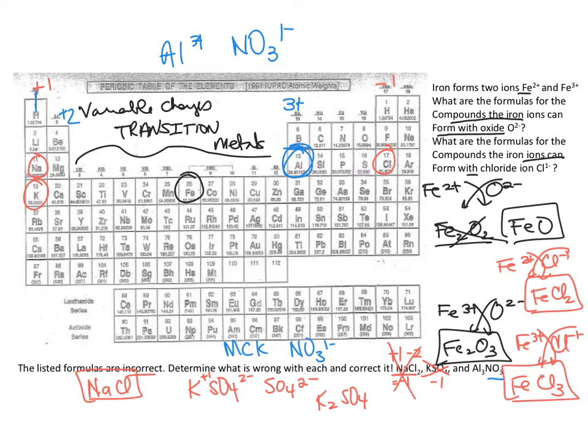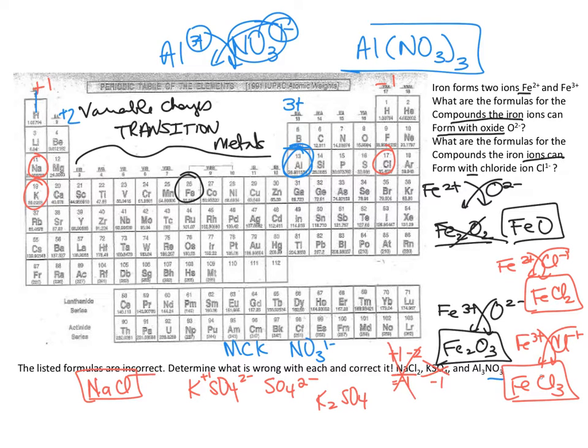And if you were to form this compound, it should be Al. We need more, we need 3 of these. So we have to have parentheses, NO3, and there are 3 of them. So with a 3 plus, and then 3 times a -1 is a -3, that sums to 0. Here we have 3 times +3 is a +9, and a -1. This sums to a +8, which is wrong.